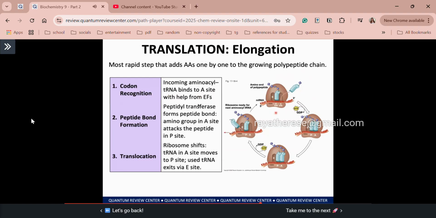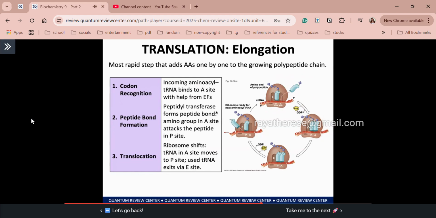Of course, we need to have an input of energy in order to facilitate binding. As you can see, it's already bound in your A site.